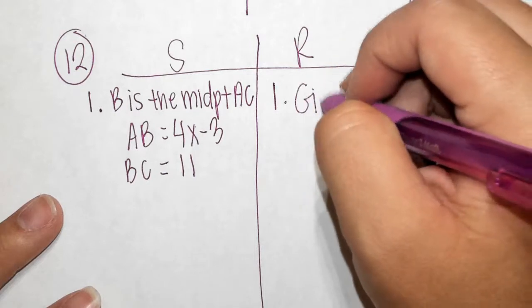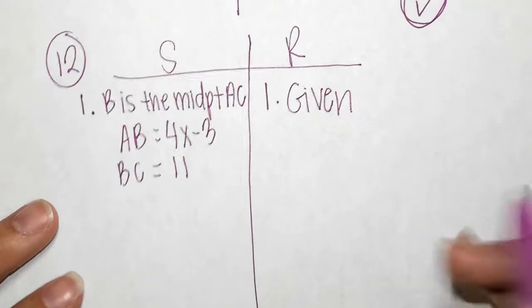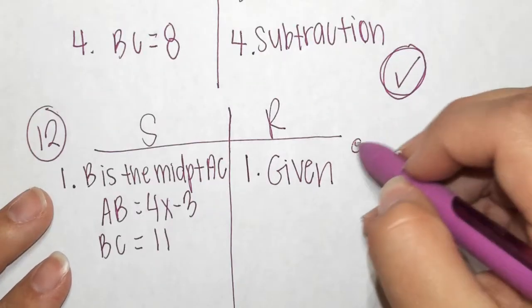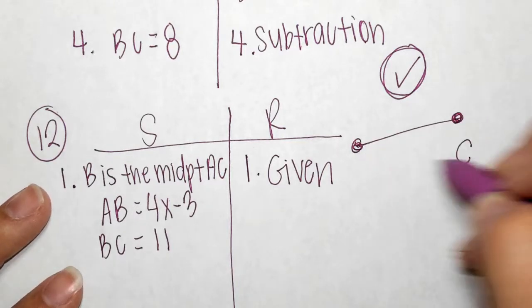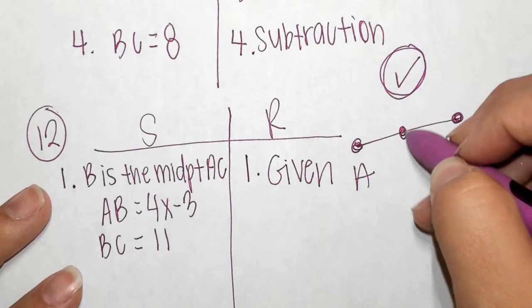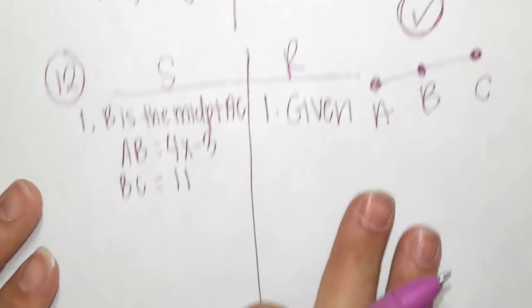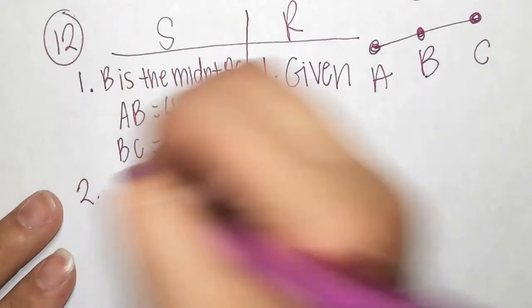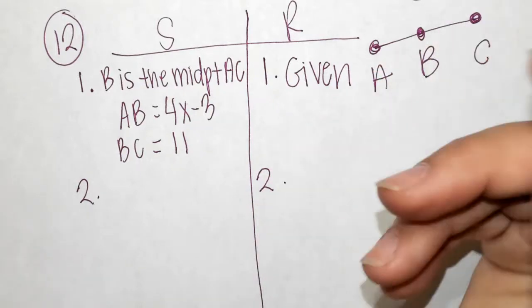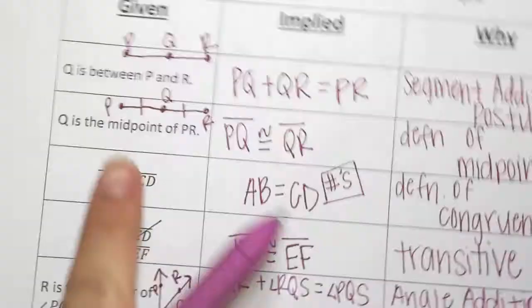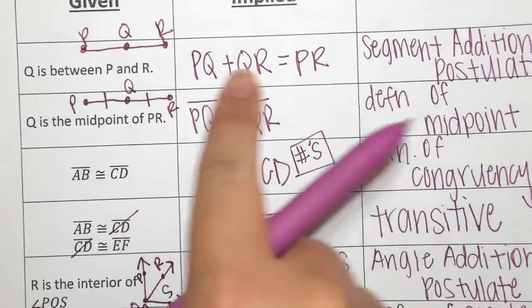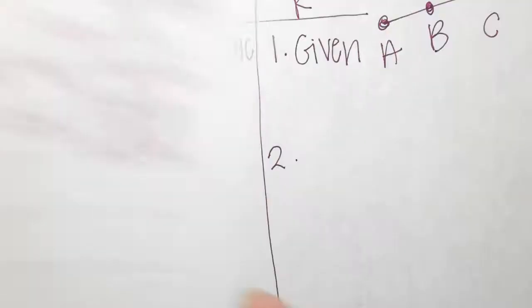Okay, that's given. That's what I was given. Now, I also see that there's a line beside it. It says A, B's in the middle, and C. So if B is the midpoint, over here, if there's a midpoint, you need to write that they are congruent.